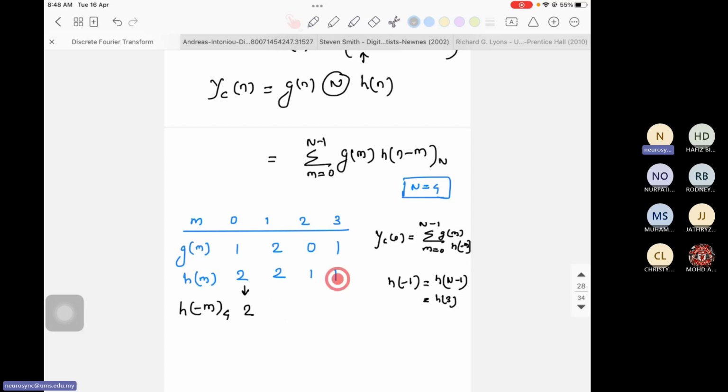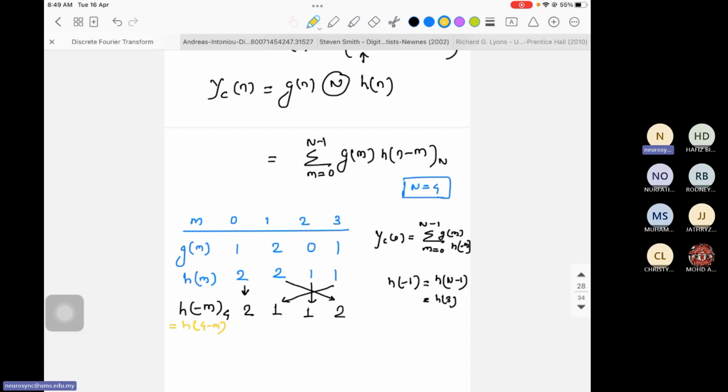H of 3 is nothing but h of minus 1, so I will write here 1. What about h of minus 2? This is equal to h of 2, so this is the same. And what about h of minus 3? H of minus 3 is nothing but h of 1, so I will write 2 here. So h of minus m is basically equal to h of 4 minus m. Like that I have calculated this.